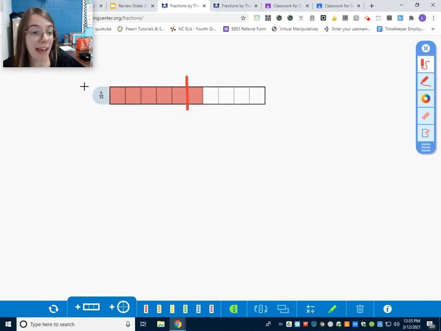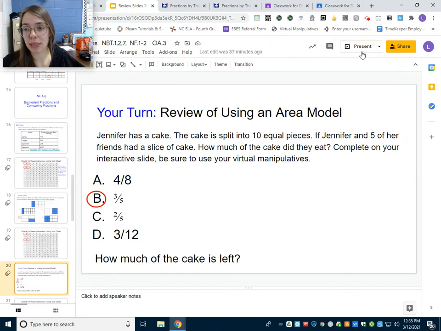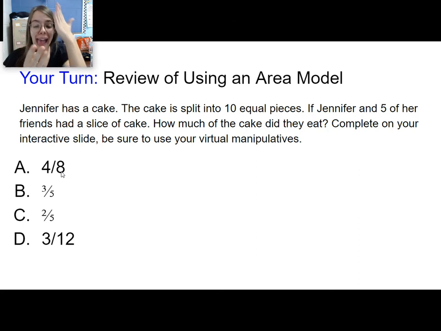Because isn't 5 half of 10? I can kind of use that comparing to half strategy to help me eliminate some of these choices, okay? So 4/8, well, half of 8 is going to be 4, so I know 4/8 is really a half. Well, if my 6/10 is greater than a half, I know that 4/8 is not going to be equivalent to that. So I'm going to move on.